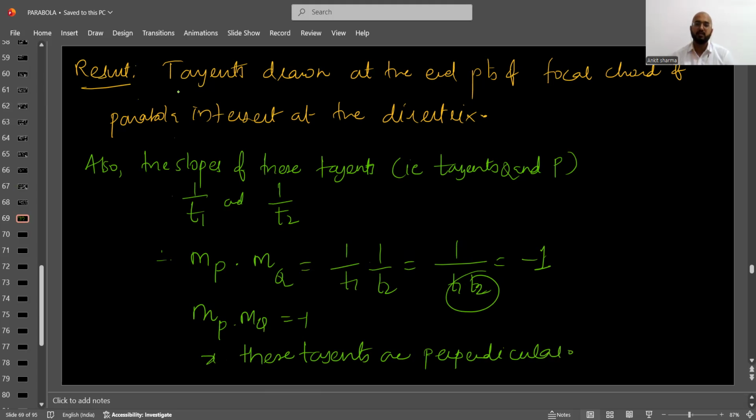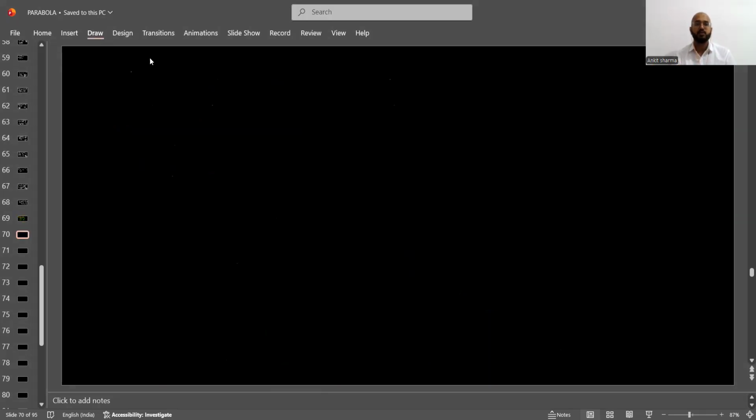That gives another result: tangents drawn at the endpoints of a focal chord intersect at the directrix, and not only this, they are perpendicular.